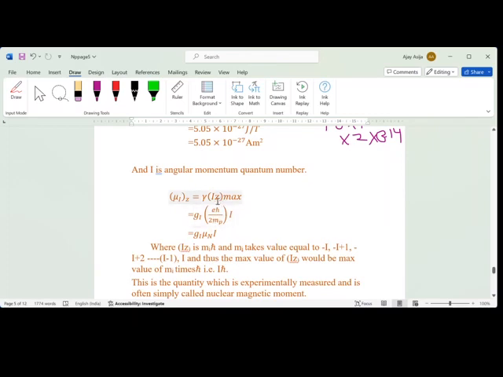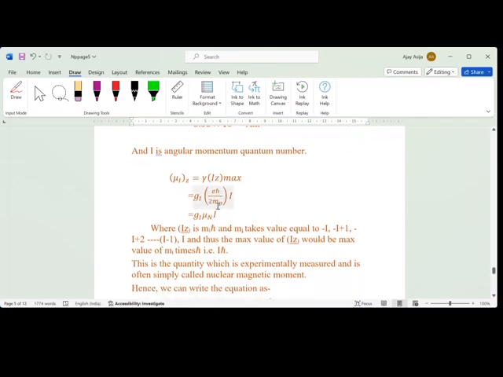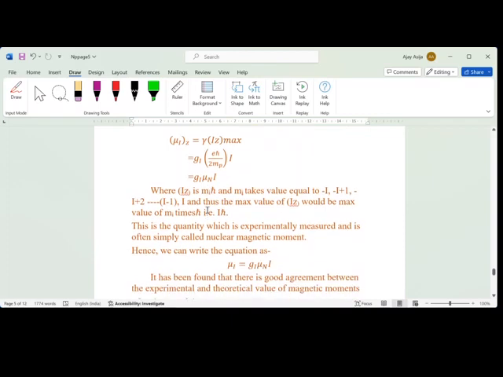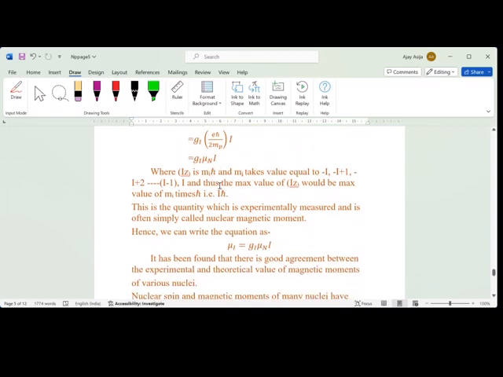We know that I z is mi times h cut, and mi takes values from minus I to plus I, and the maximum value of mi is I. So I z max is I into h cut, and e h cut by 2mp is the nuclear magneton, so we will replace it with mu n. So the formula will become mu I z is equal to Gi into mu n into I.